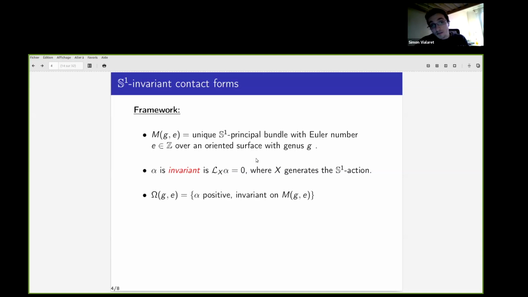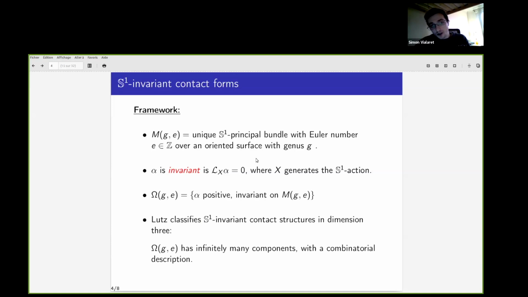This space, we kind of know what it looks like. There is an old paper by Lutz in which he classifies S¹-invariant contact structures in dimension 3. He fully describes the infinitely many connected components of this space, and each of them has some nice combinatorial description.